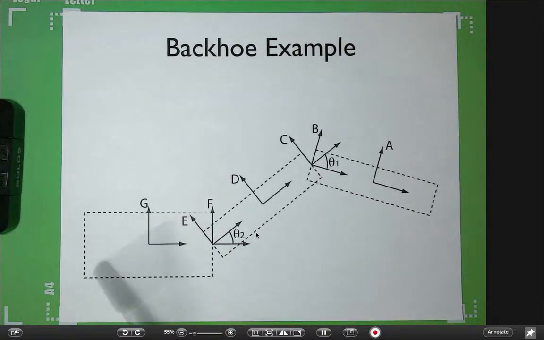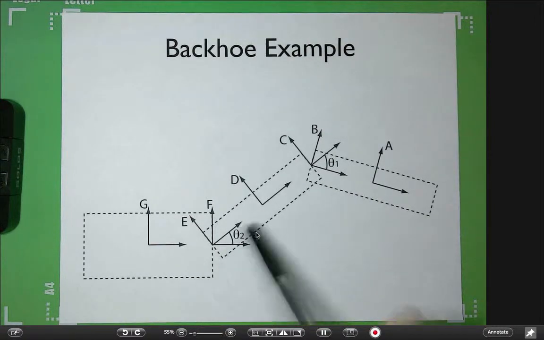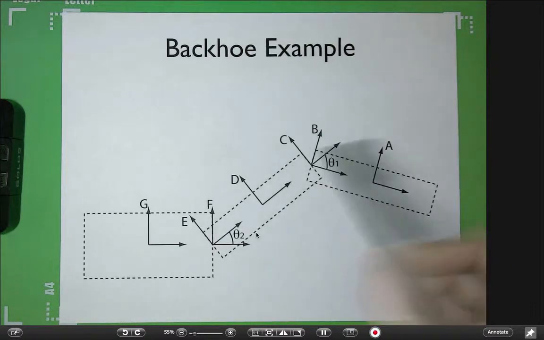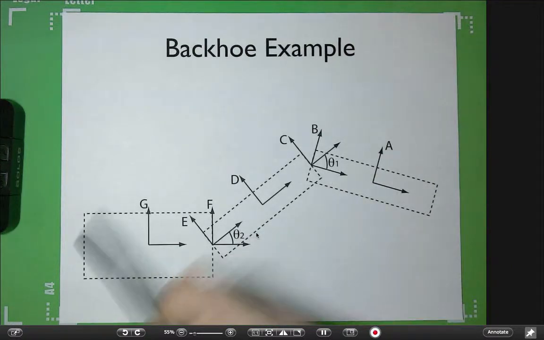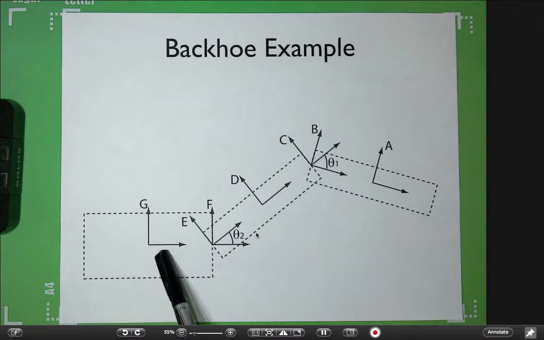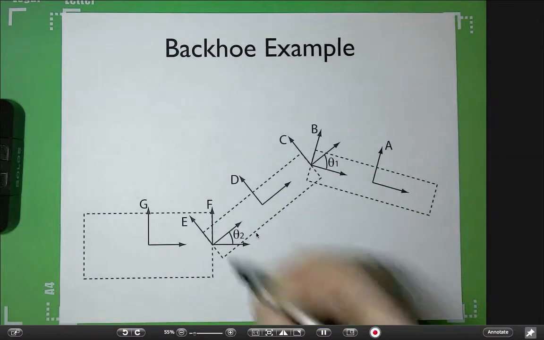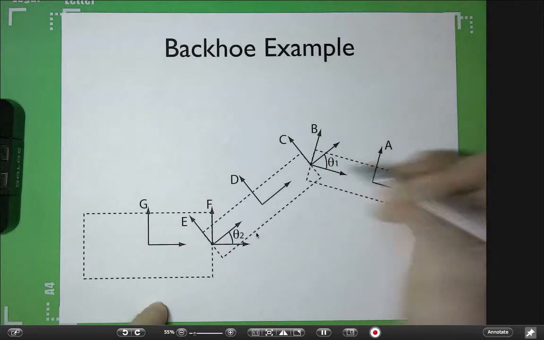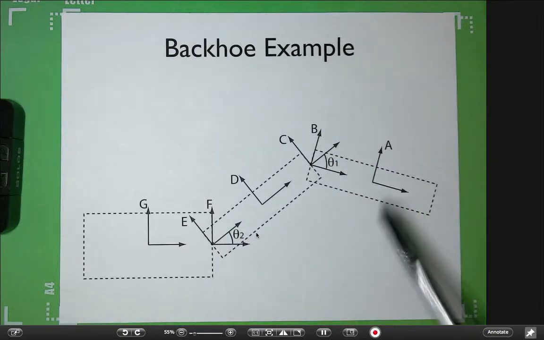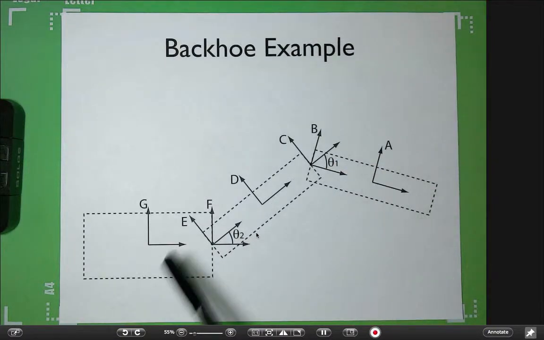So here I have some more complex structures. I have some solid base, and it's like a simple robot, some backhoe thing. So this would be a stationary base, and there would be two moving links, which are attached by two revolute joints here. And I have a bunch of coordinate frames here.